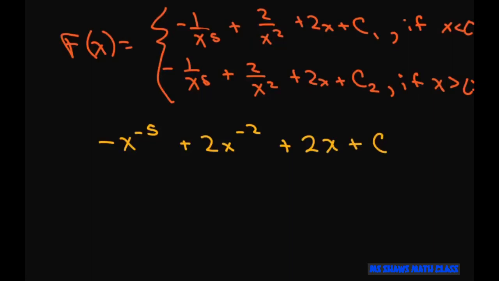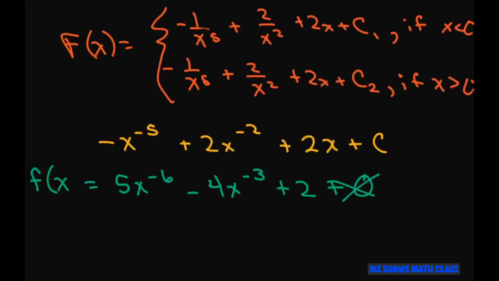And let's take the derivative of that. That would be 5x, and if you subtract 1, that would be to the negative 6 minus 4x to the negative 3 plus 2 plus 0, which we don't need. The constant is 0. And that does give us back our original function.